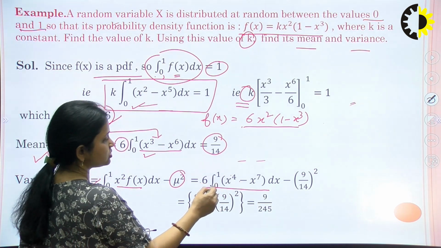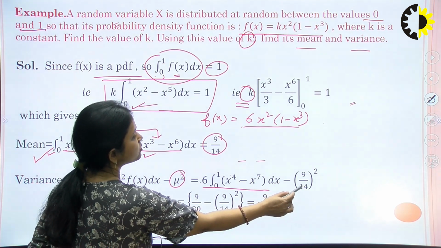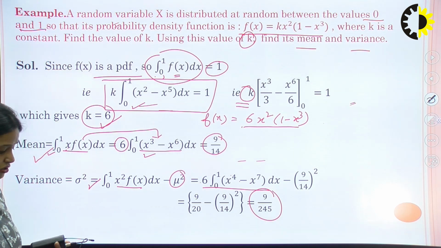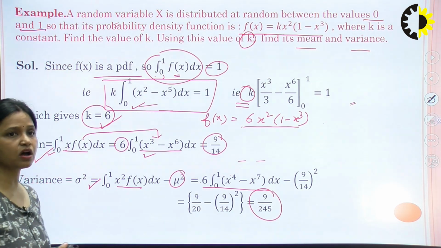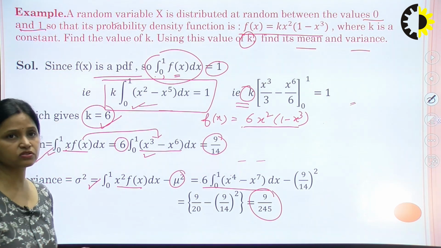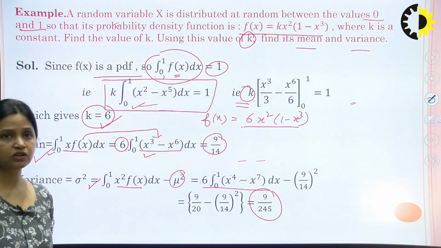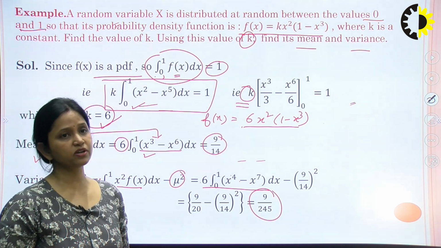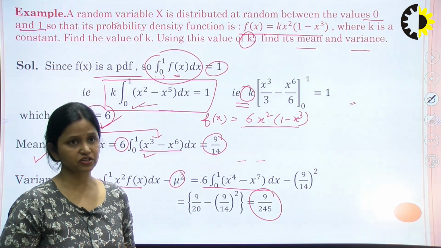Integrate it in the range 0 to 1 and subtract 9 upon 14 raised to the power 2. We obtain 9 upon 245. So I hope you have understood how we can find the mean and variance of a probability density function. So that's all about this lecture on probability mass function and probability density function. Thank you so much.